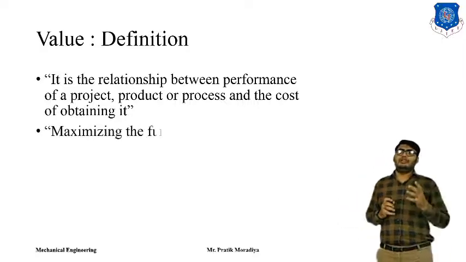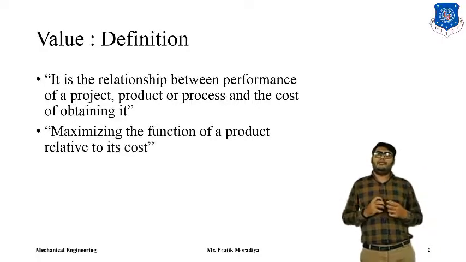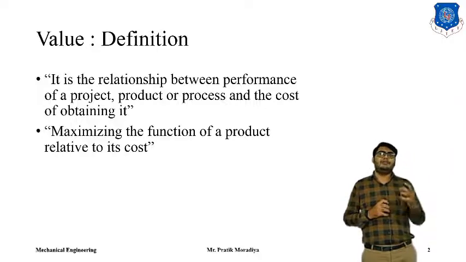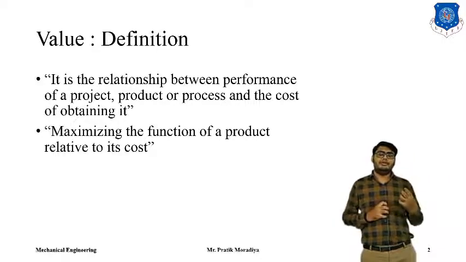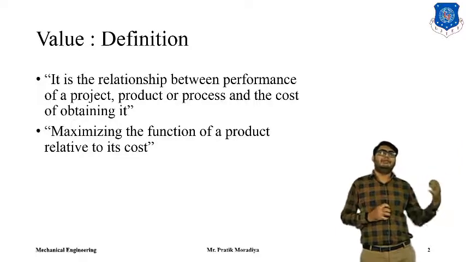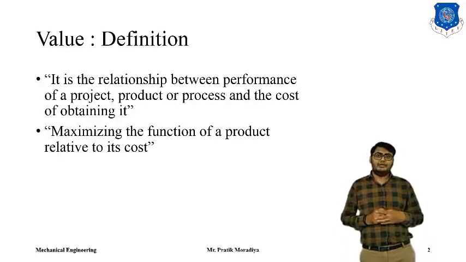So value is a relation between performance and cost. And in other words, in other definition, we can say that maximizing the function of a product related to its cost is what value is. So value is maximum functionality with minimum cost. That's what a good value will be.